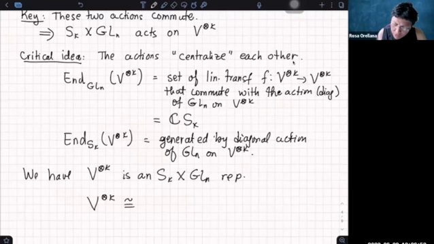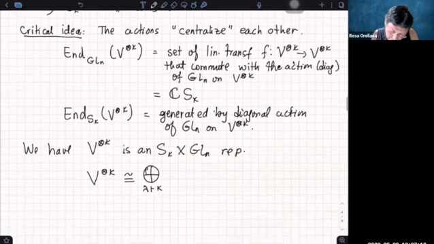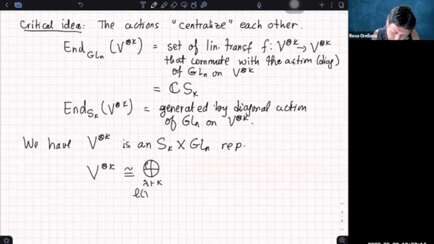The representations of a direct product of two groups are simply given by putting them together with a tensor symbol. So you get the direct sum, where lambda is a partition of K, and the length of lambda has to be less than or equal to n.